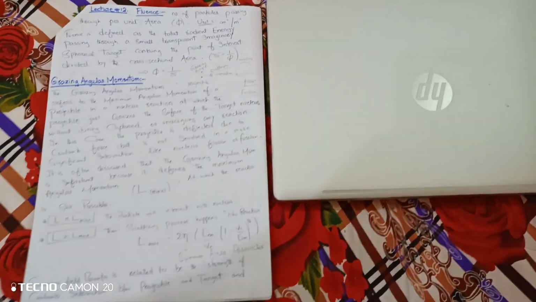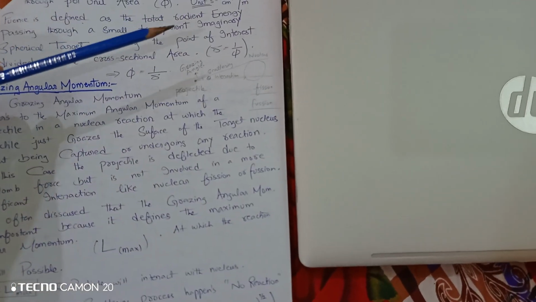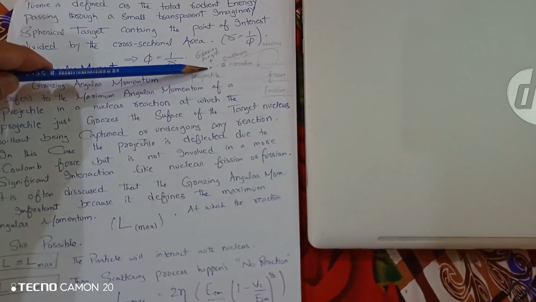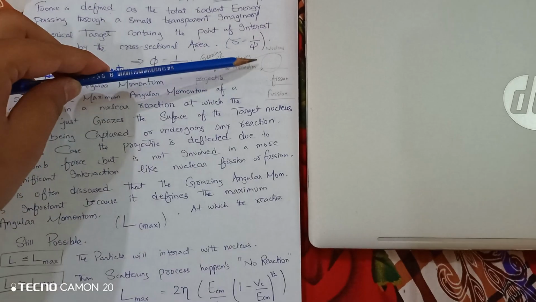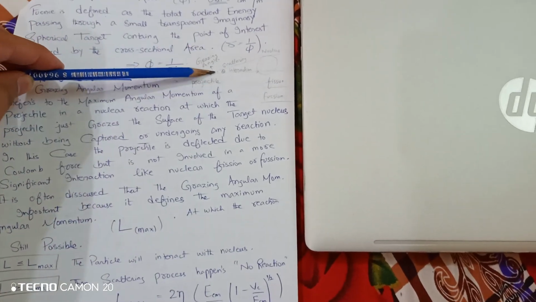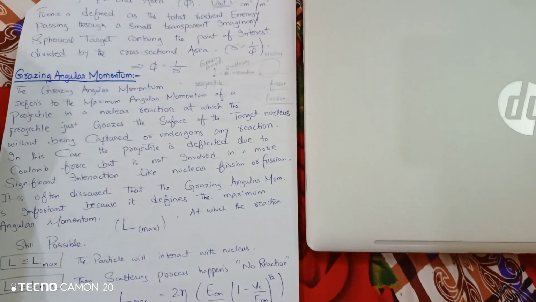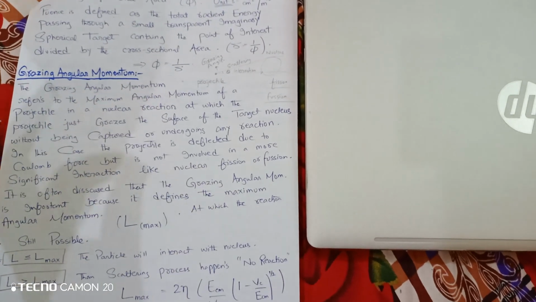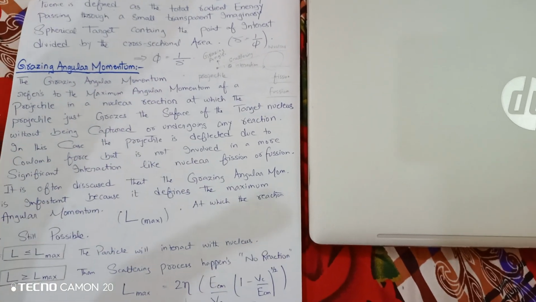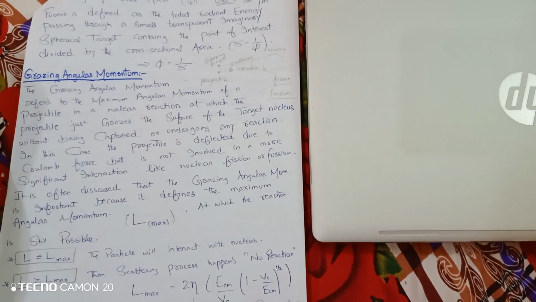What is meant by grazes? As you can see from this figure, this is your projectile which is coming, and this is your target nucleus, and the projectile just grazes, meaning it just touches the edge of the target and moves further. Okay, so this is what is called grazing.